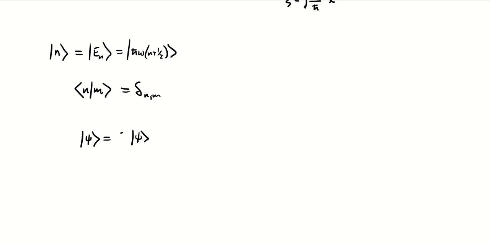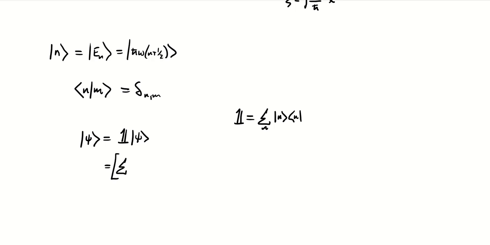And if you recall, how we do that is we use the closure relationship. The state is equal to the identity operator times the state, but closure tells us that that identity operator is just equal to the sum of all the projection operators onto all of our basis states. And in this case, we're looking at the energy eigenbasis, so we're projecting onto those.